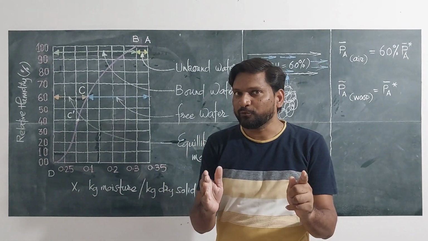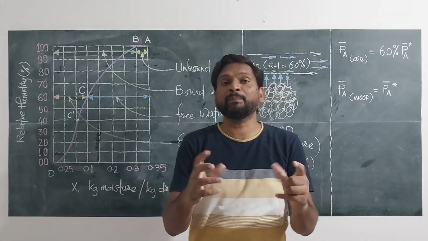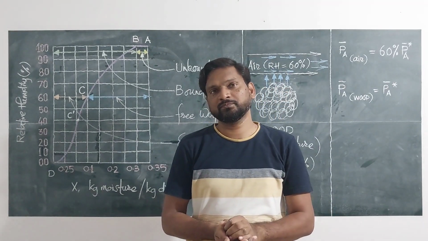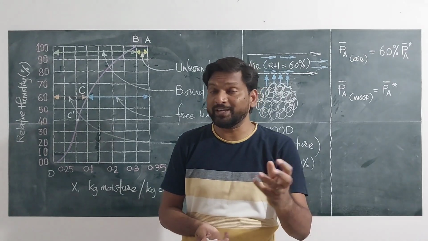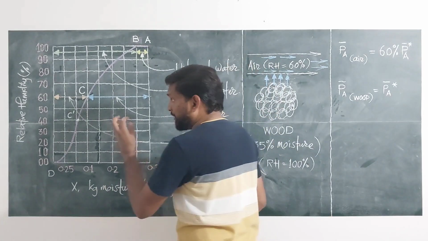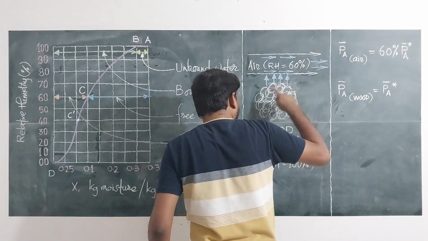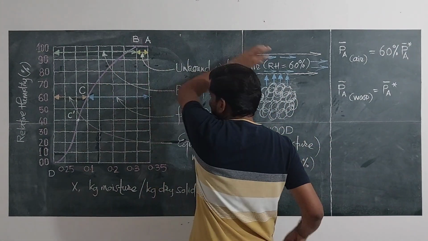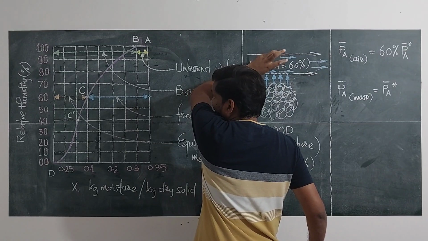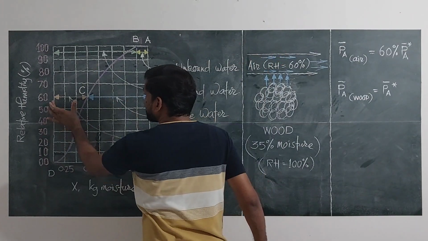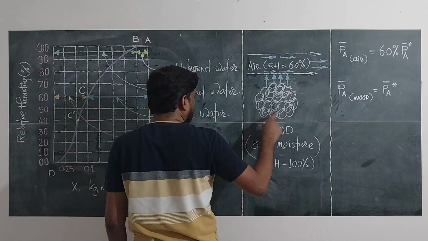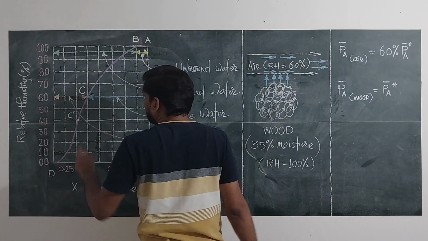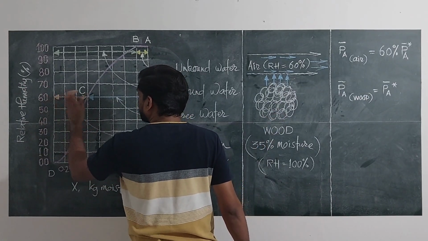At equilibrium, we know there is no appreciable mass transfer. What does it mean? It means we can dry this wood with 35% moisture content by using 60% relative humidity air only up to 60% humidity of wood. Beyond this, we cannot remove the moisture.